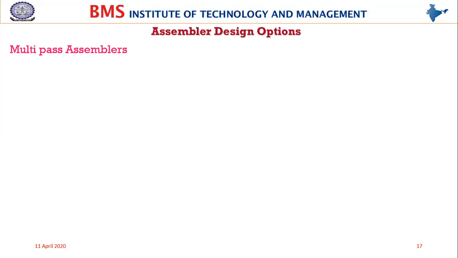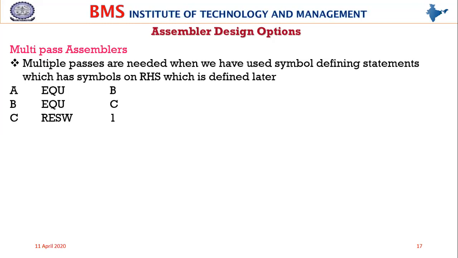But the multi-pass assembler is needed in the case of the symbol defining statement. Now we have multi-pass assemblers. Have a look at this example, that is going to help us understand. A is a symbol.